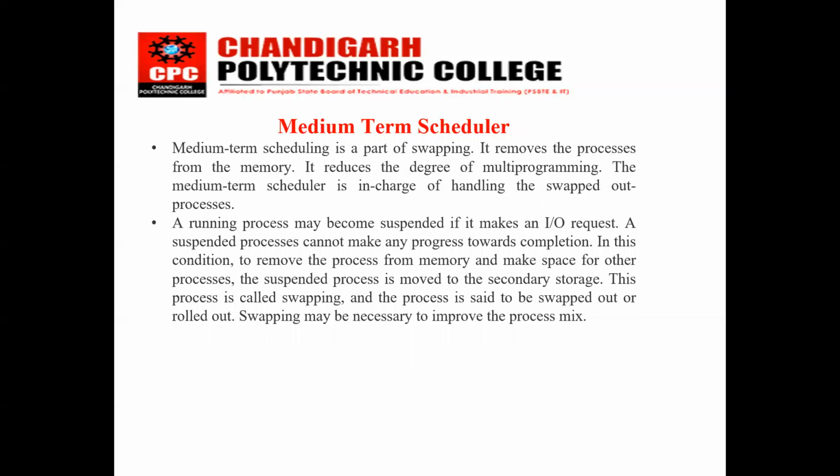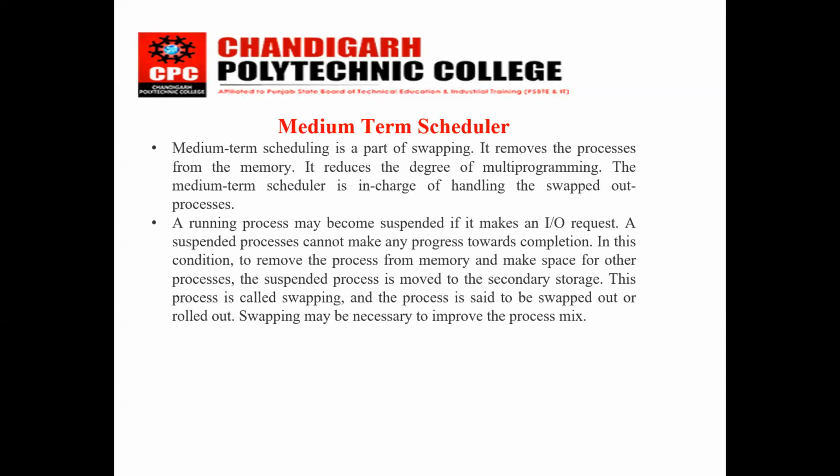Sorry, it's the medium-term scheduler, and the medium-term scheduler handles the swapped-out processes and makes them ready for execution. After execution for a while, a running process may become suspended due to an input-output request or a particular system call.